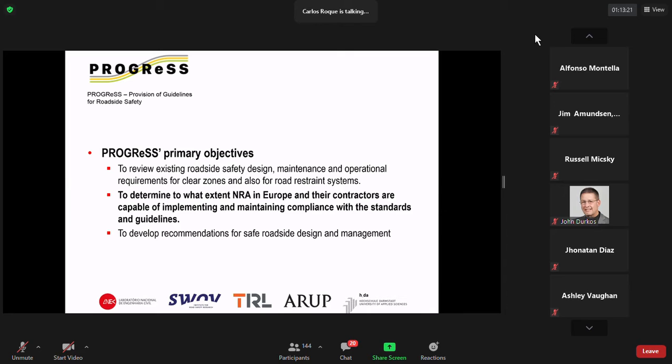So one of the primary objectives of Progress was to determine to what extent national road authorities in Europe and their contractors are capable of implementing and maintaining compliance with the standards and guidelines throughout the life cycle of roads.